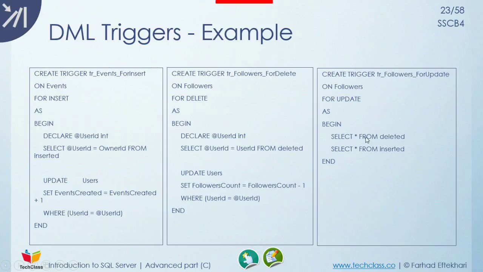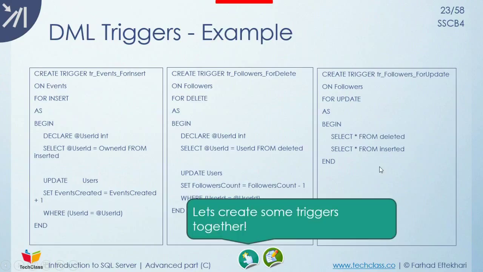So it is not from updated. We have one deleted row and one inserted row. So make sure to understand that and use that. And also you can create some triggers based on these examples for your tables.